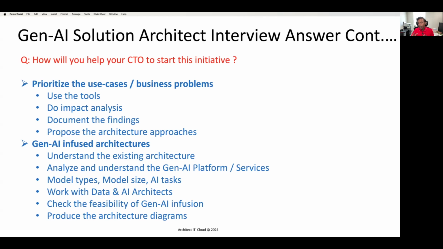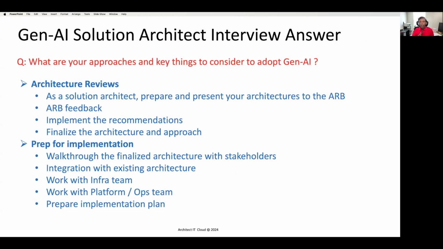Now you have the capability and you have all the details required for producing the architecture diagram. So with all the information you collected so far, list it out and prepare the architecture approach diagram, and prepare the document that has all the details that you collected in the previous steps. Coming to the next question, what are your approaches and key findings to consider to adopt generative AI?